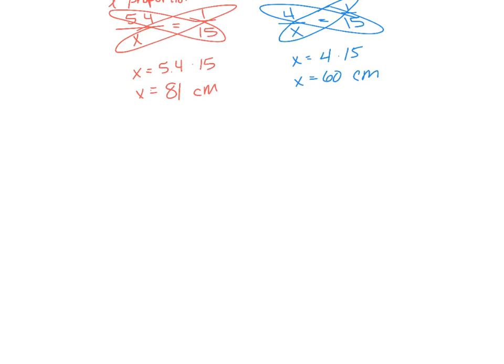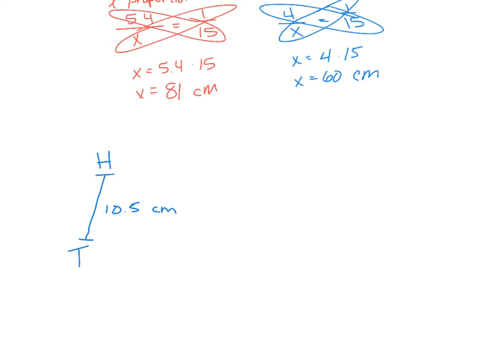On a map of Florida, the distance between Hialeah and Tampa is 10.5 centimeters. So this distance here is 10.5 centimeters. Okay?